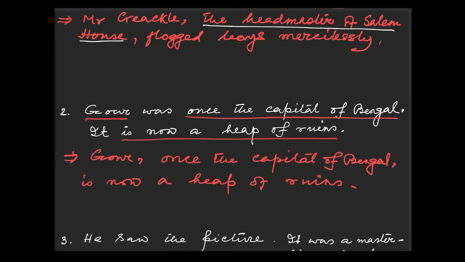Okay. Gaur, once the capital of Bengal, is now a heap of ruins. Once the capital of Bengal is noun in apposition. Okay.